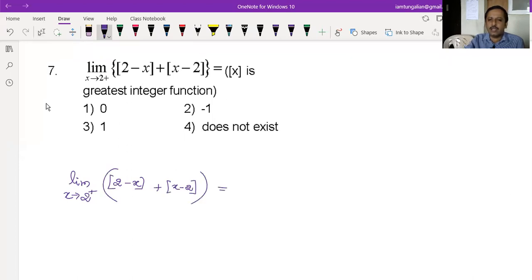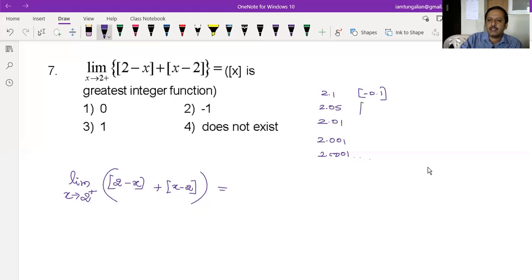Okay. x is approaching 2 from right side. When x approaches 2 from right side means x may take the values 2.1, 2.05, 2.01, 2.001, etc. Okay. So, in that case, what happens to step of 2 minus x? Let us just observe. Suppose if I take x equal to 2.1, 2 minus 2.1 will give you minus 0.1.